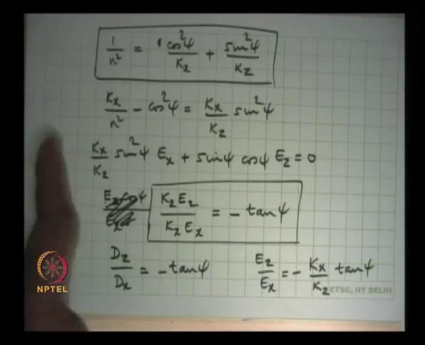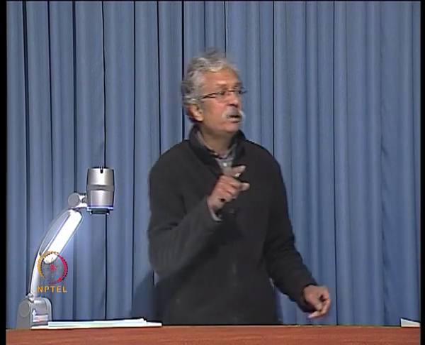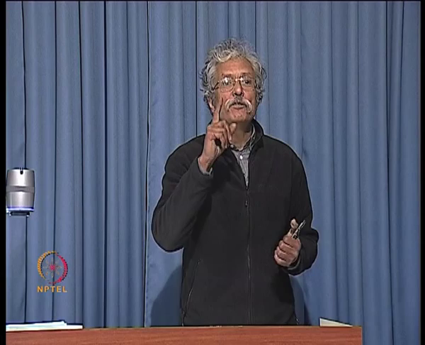And because kx is equal to ky, the two refractive indices are equal. So, if I propagate in a uniaxial medium along the z direction, the two eigenmodes have the same speed, the same velocity, and this z direction is called the optic axis of the crystal.